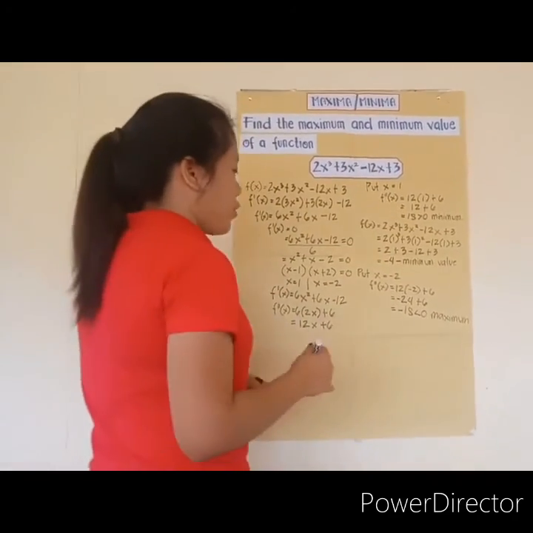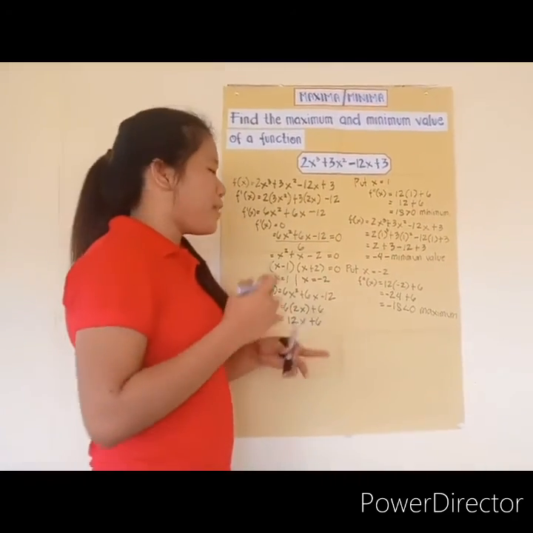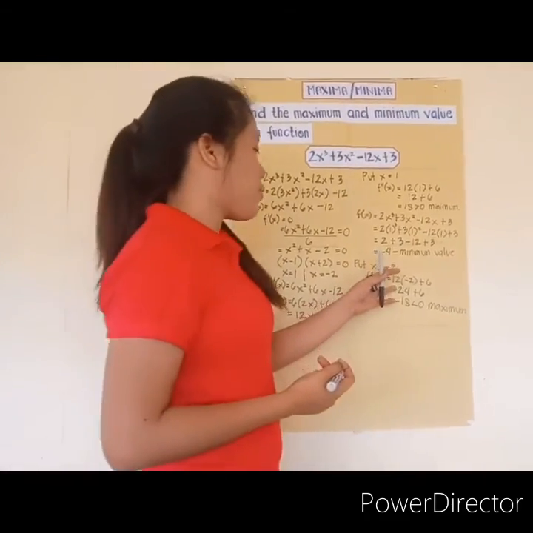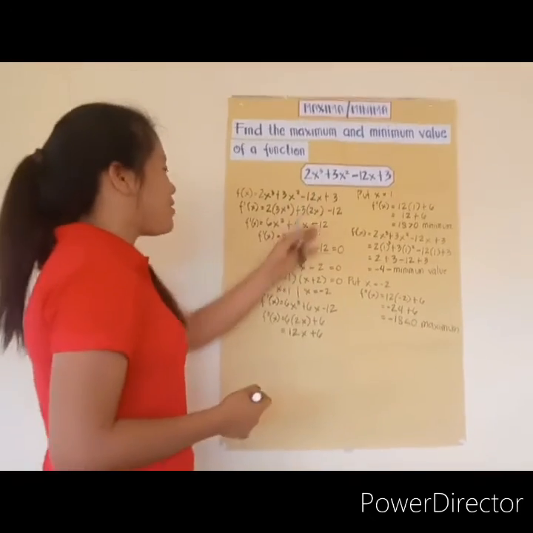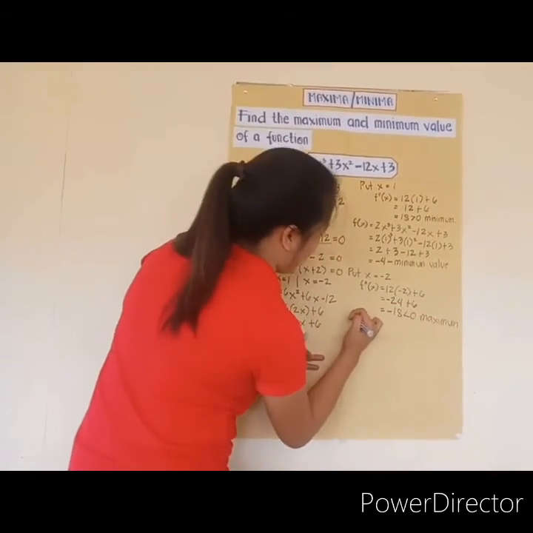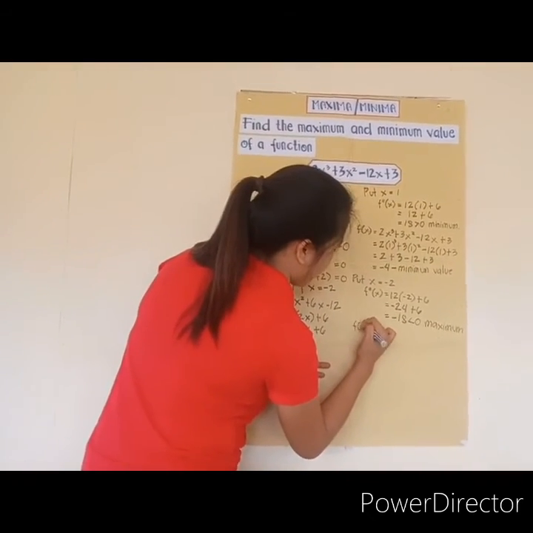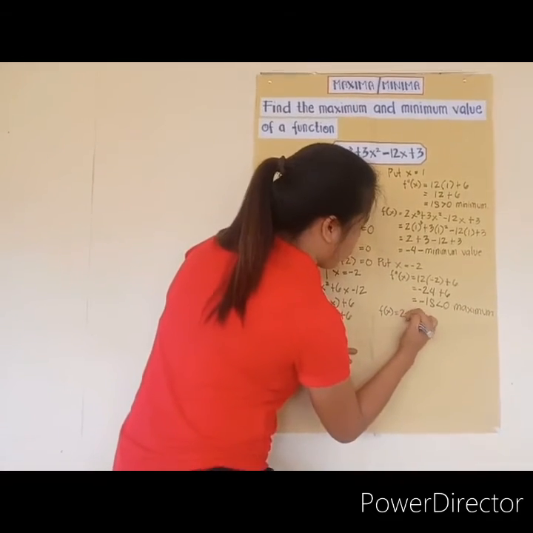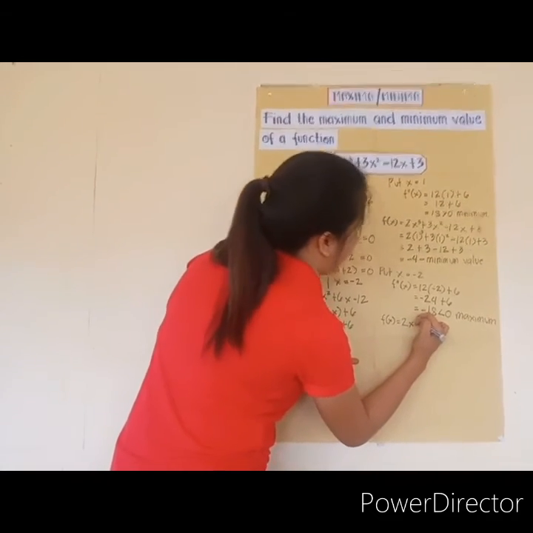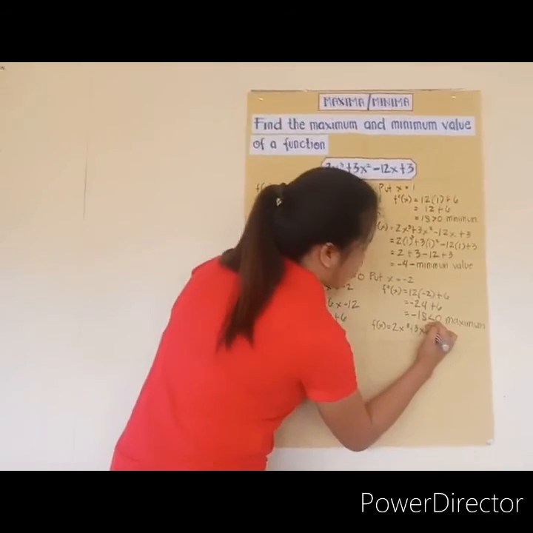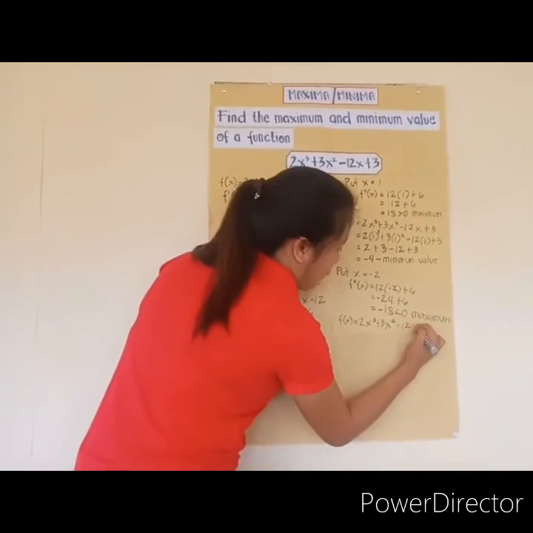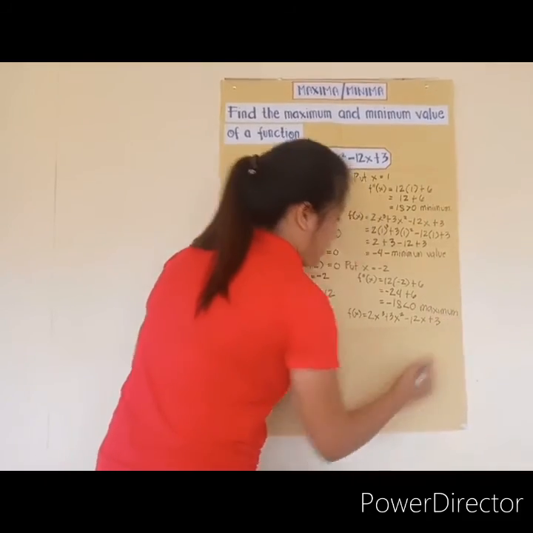And after that, to find the maximum value, let's apply x is equal to negative 2 to the given function, which is 2x cubed plus 3x squared minus 12x plus 3. So f of x is equal to 2x cubed plus 3x squared minus 12x plus 3.